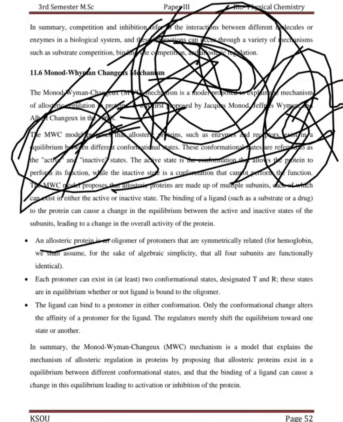So here the protomers can exist in two conformational states, designated as T and R. These states are in equilibrium whether or not the ligand is bound to the oligomer. It is a form of isomers in the form of T and R. So when it binds correctly, it will be in the active state. When it binds on another site, it will be in the inactive state. So that can be differentiated here.